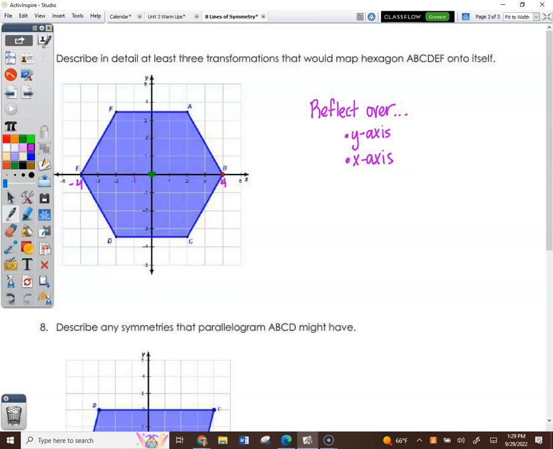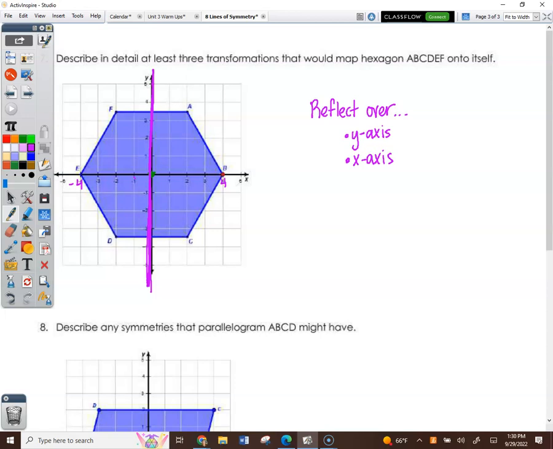What is the equation of the y-axis? What's the equation of this line right here?